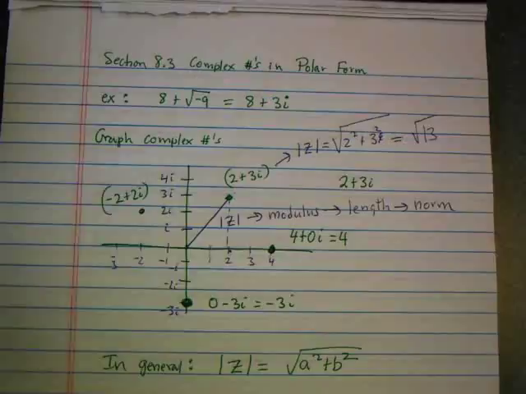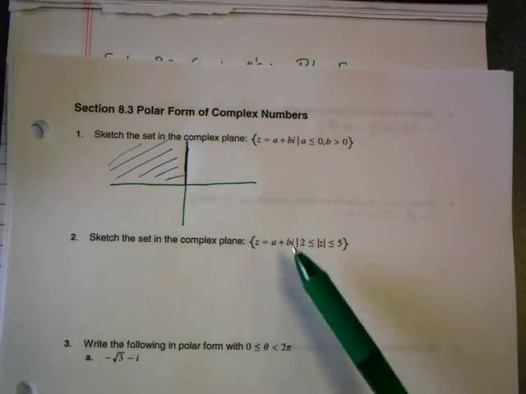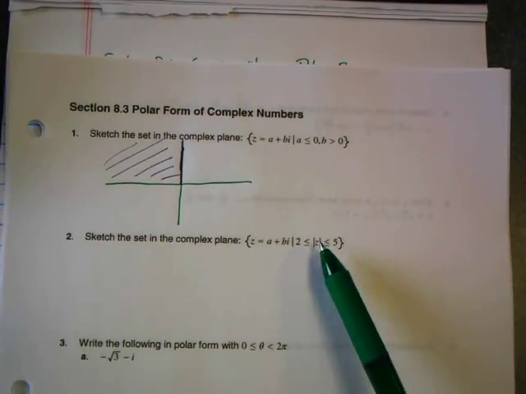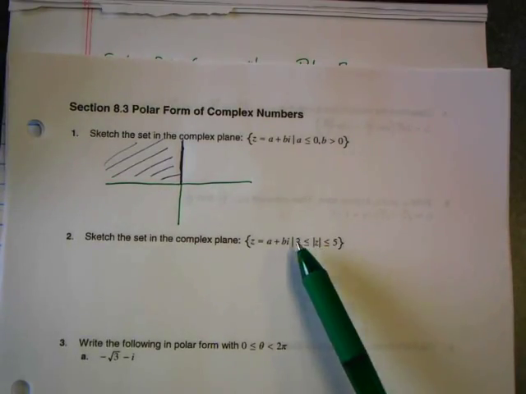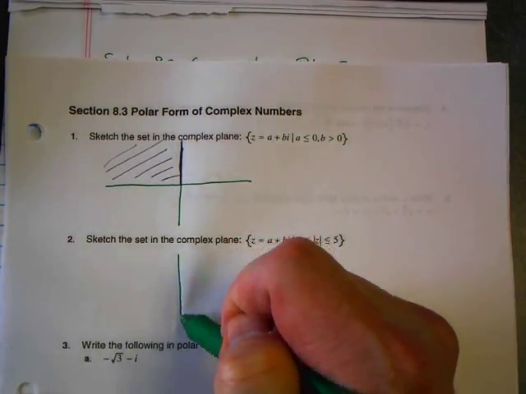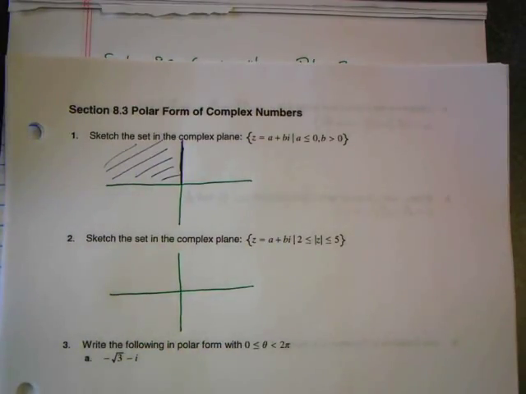All right, so back to this problem. I'm telling you I want all the complex numbers whose length is between 2 and 5. What the heck does that look like?